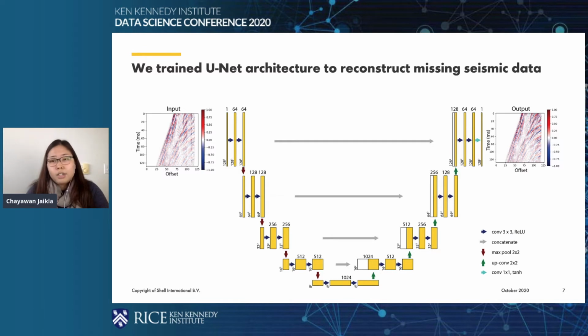The UNet architecture comprises an encoder and decoder, and the difference between UNet and the conventional auto-encoder is that the output size is equal to the input size, which is what we wanted for our purpose. To train the model, we use seismic images with some missing data as an input, and the output of the model is the complete seismic data set.